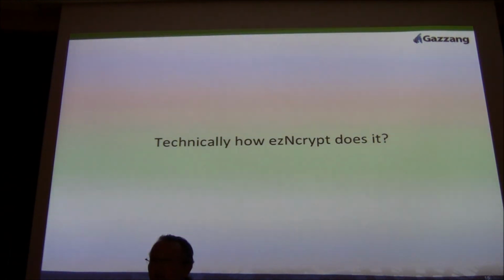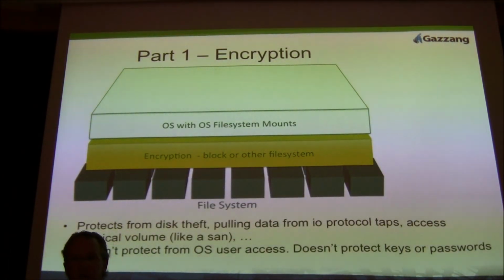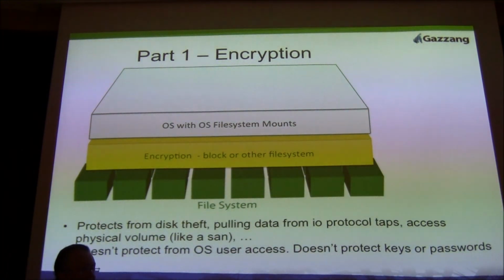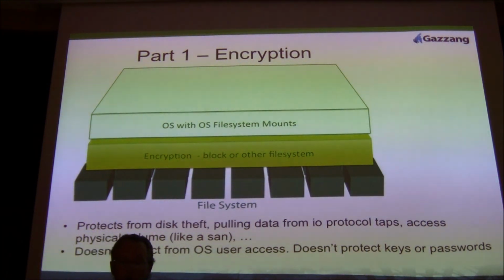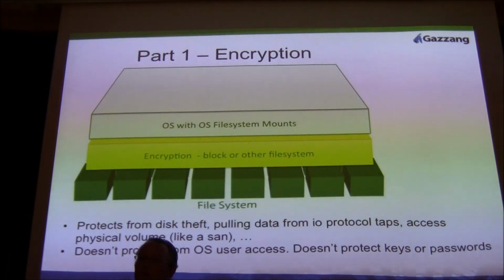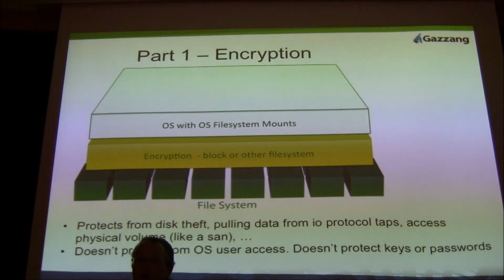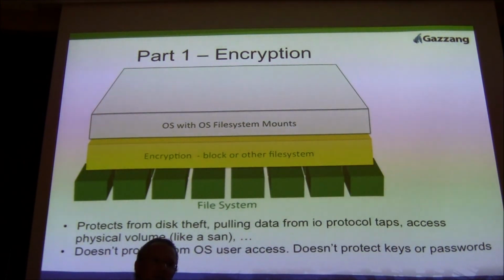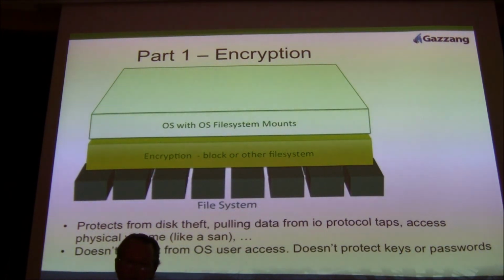So how are we doing this? There are multiple parts to how you solve this problem. The first part is that you want to encrypt the data. If the data is encrypted, then it protects things from theft. If somebody steals a file, AES-256, it's just junk.